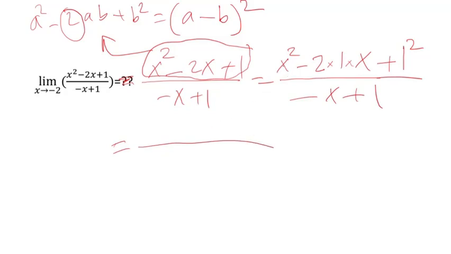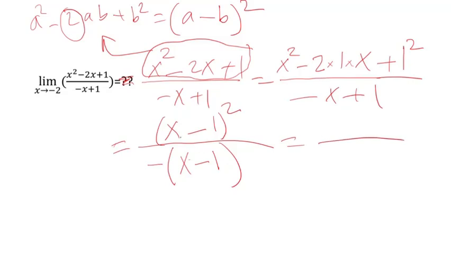So notice my a is x and my b is 1, so I can take advantage of that identity. So it's x minus 1 squared. And notice here minus, I can factor, basically it's like -1 times. So minus x minus 1, because minus times x is just minus x. Minus times minus 1 is just plus 1.